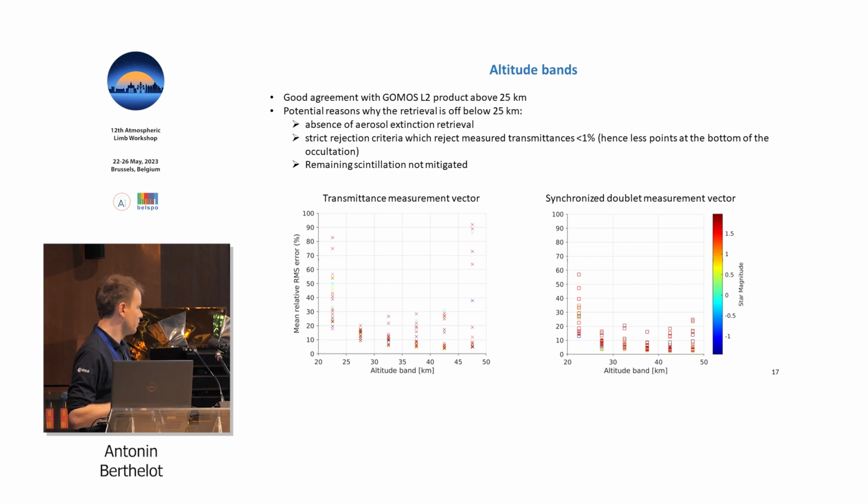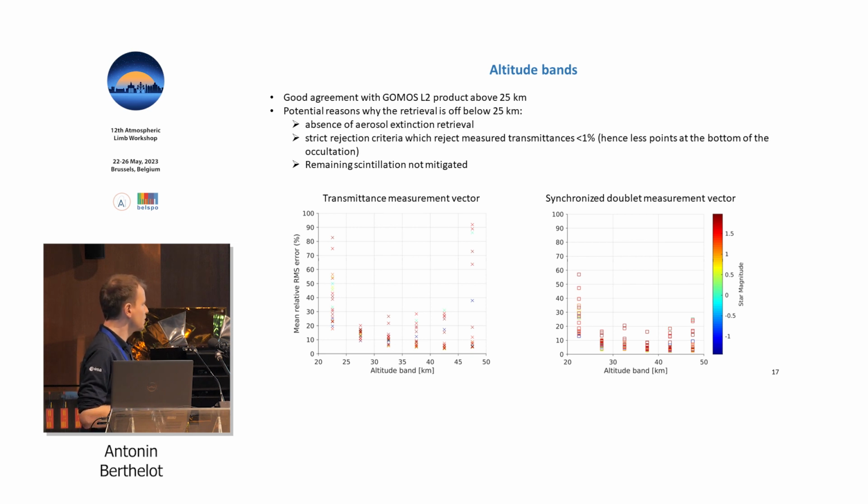But we are quite happy with the results here because we see that for most stars below 10 kilometers, the agreement is quite good with GOMOS. So this is quite good news for us because we don't have a high frequency photometer on ALTIUS, which means that we have less information than GOMOS had to perform the retrieval, and we still manage to kind of be there.